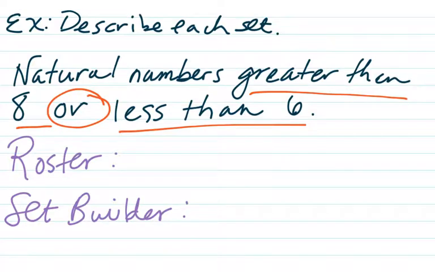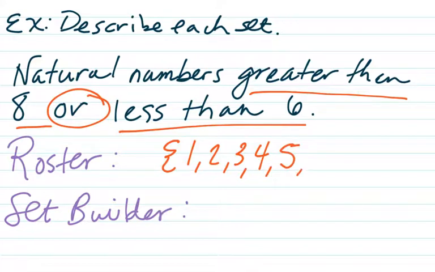Okay, greater than 8 is 9 and higher. I hope I didn't count 8. We'll write it down, and then less than 6. So in roster form, we have the numbers 1, 2, 3, 4, 5. We do not include 6. And then we skip to 9, 10, and then so on forever.